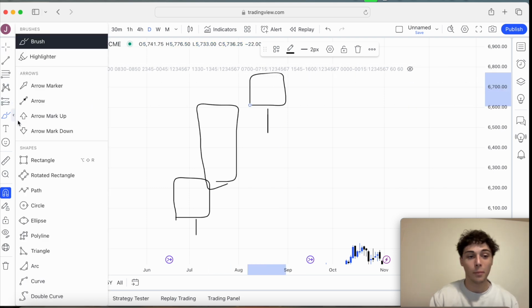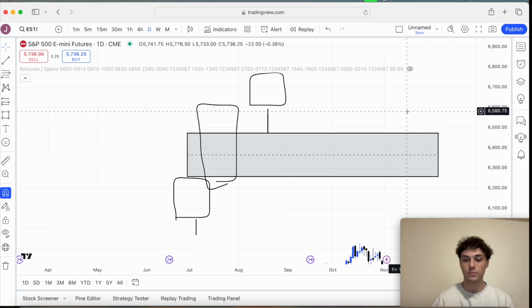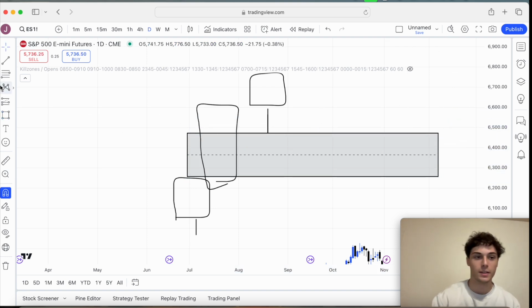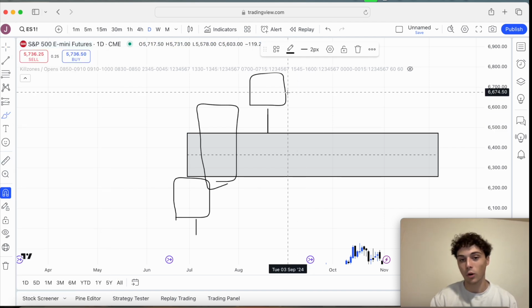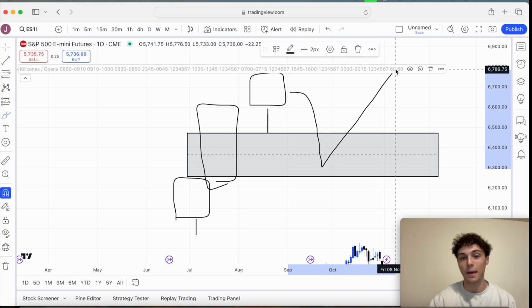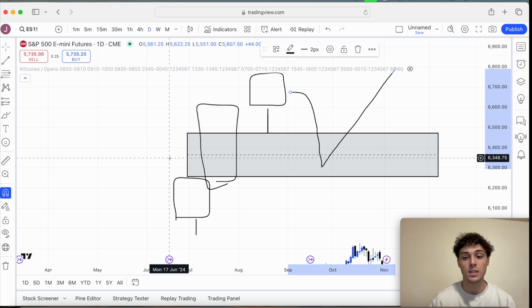And then this gap right here, that's the fair value gap. That's all it is. And all it does for your trading is price will go back into this fair value gap, and then it'll shoot out of it. And you need other confluences with this, but this will make you profitable if you use it right. And I guarantee an 80% win rate if you use this right.